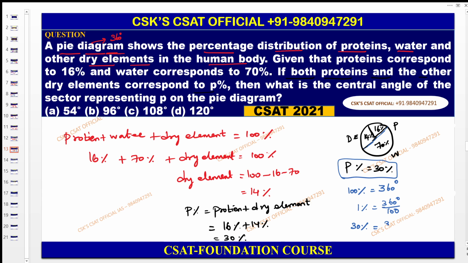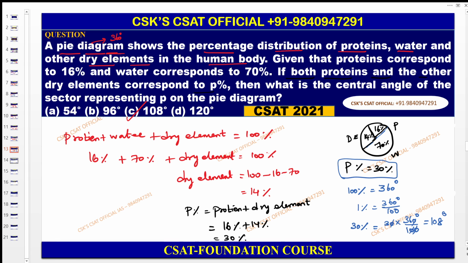Multiply 30 into 360 by 100. The 2 zeros get cancelled, so it is equal to 36 into 3, which is equal to 108 degrees. Anybody having a doubt here? If you have a doubt, you can ask, or else we'll move on. Understood? Okay, fine.